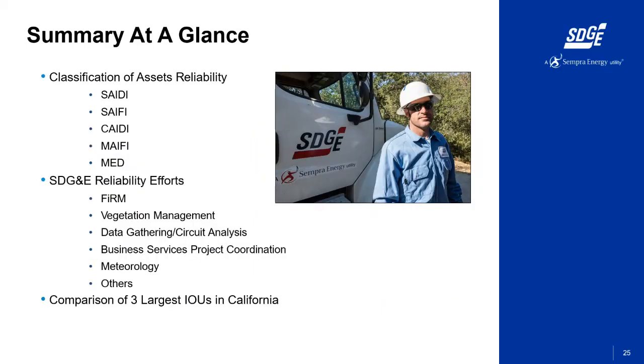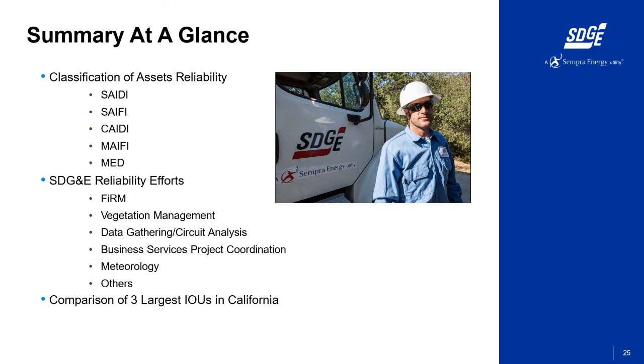So, the topics that we discussed today: we started out with a classification of assets, a description of how the utility grid is built in a vertically integrated manner, from central plants to transmission to substations to distribution to the individual customer services. We also talked about the handful of metrics that are used, the SAIDI, the SAIFI, and so forth.